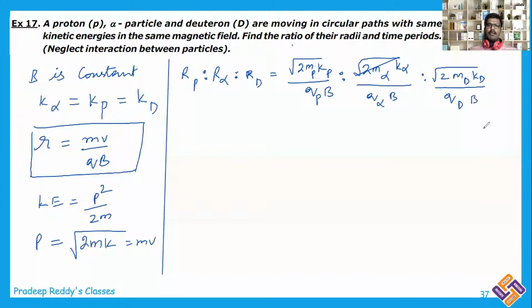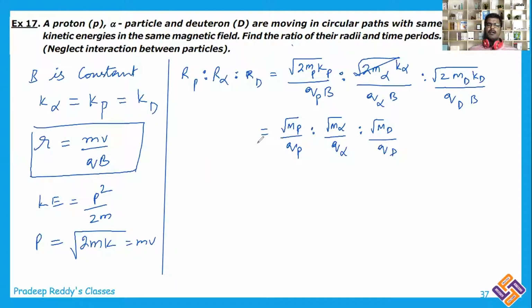into magnetic field. The magnetic field is constant, so you can cancel that, and the kinetic energy of all the three particles is the same, you can cancel that. So finally it is only dependent upon root mp divided by qp, root m alpha divided by q alpha, root md divided by qd, right?